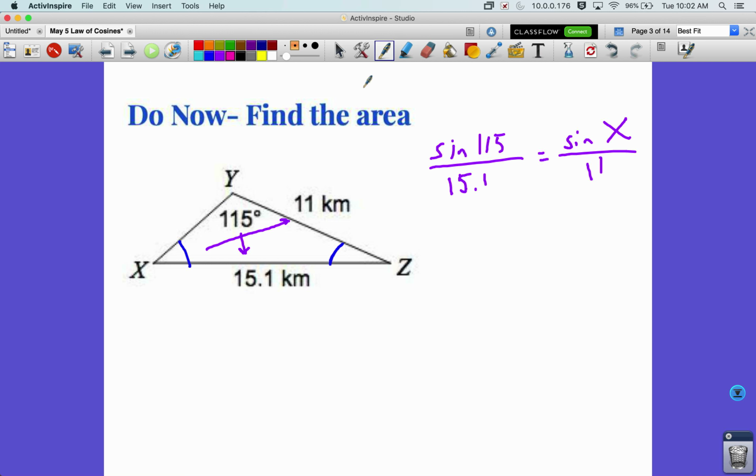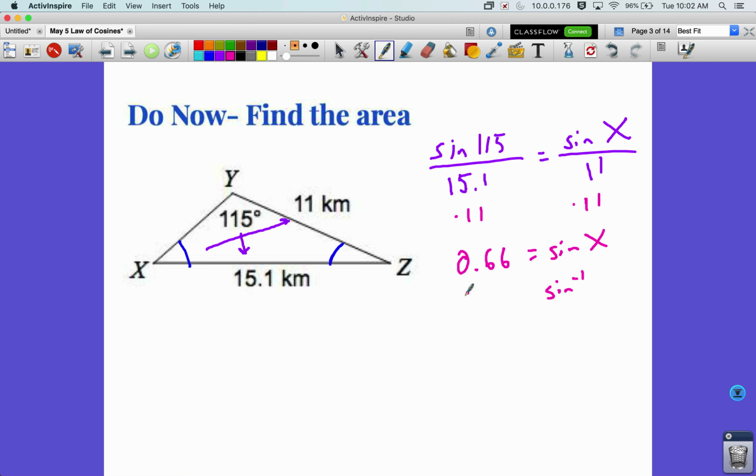All right, multiply both sides by 11. Plug this into your calculator. This angle is given in degrees, so make sure your calculator's in degree mode when you do sine of 115 divided by 15.1, and I'm going to multiply that by 11. And I get 0.66 equals the sine of x.